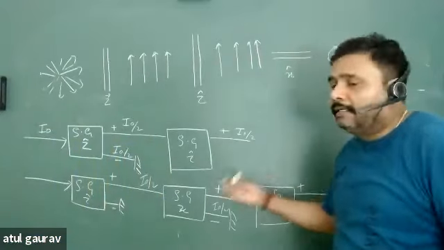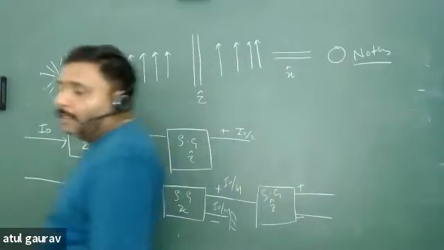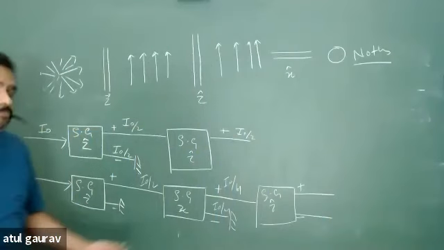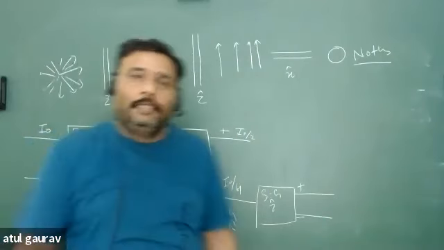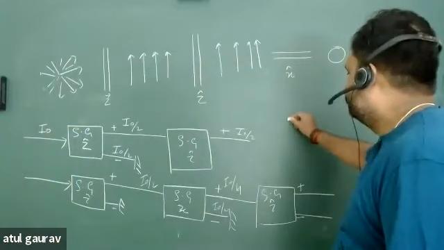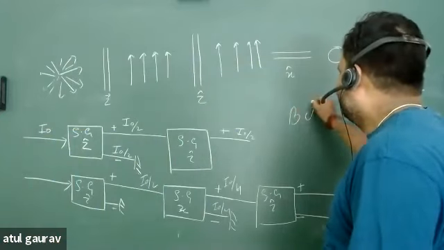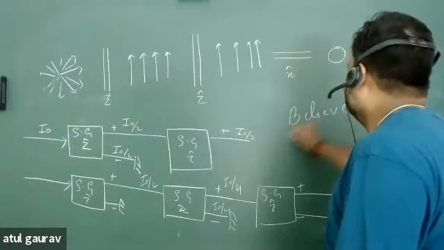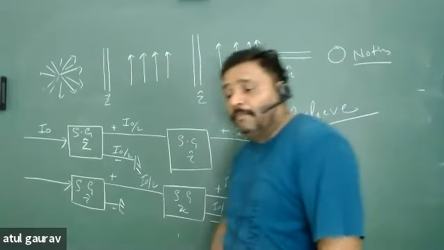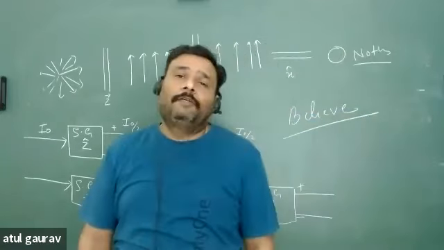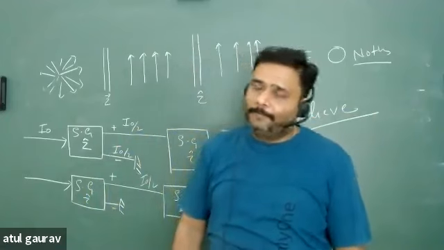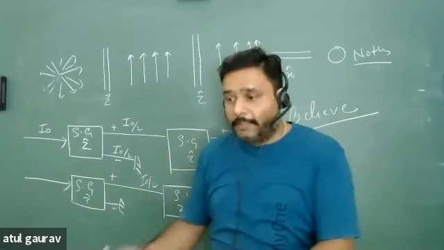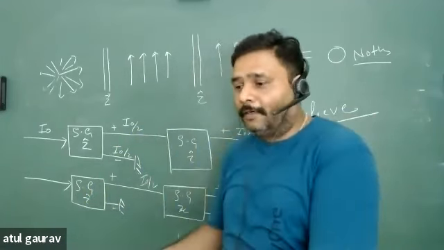This is done in the experimental lab, and you must only believe this. Even if you are not able to understand, you have to believe, because it's an experiment, because it's a law of nature.